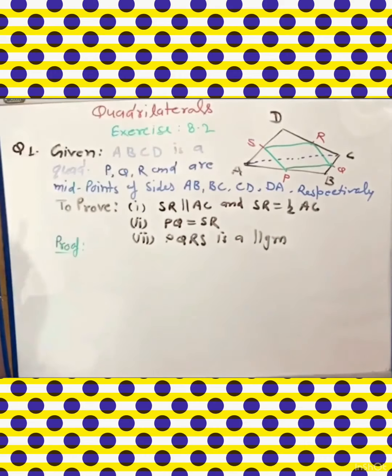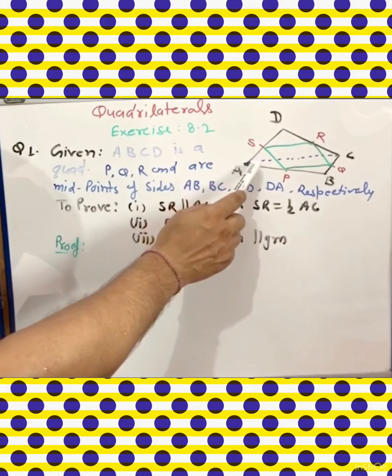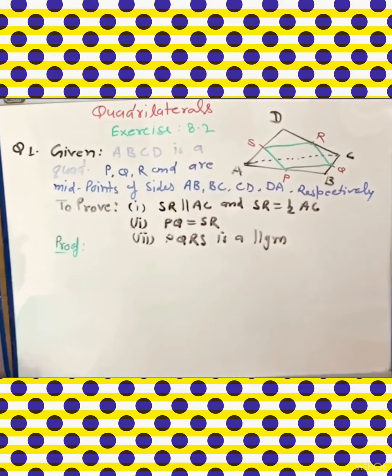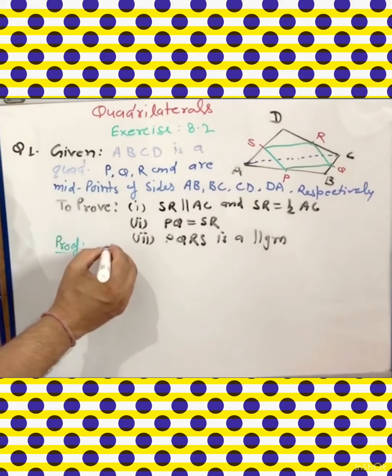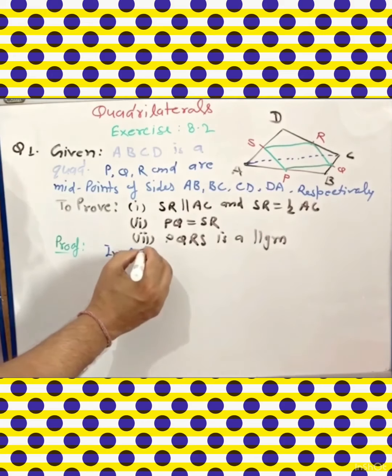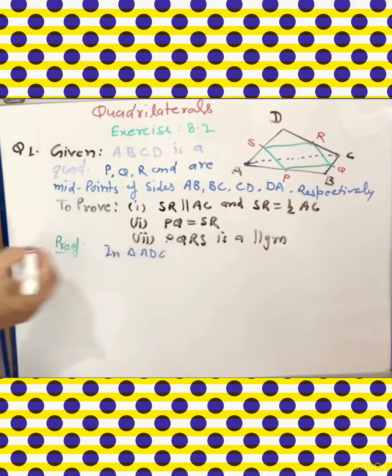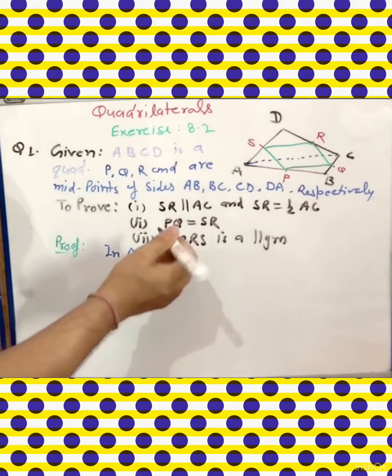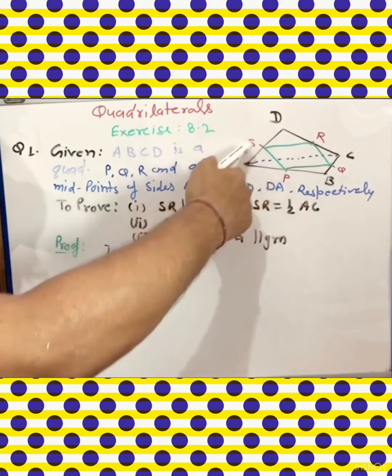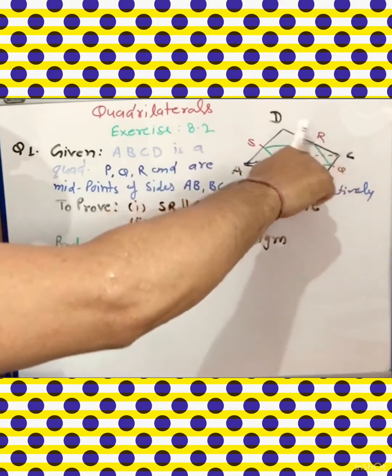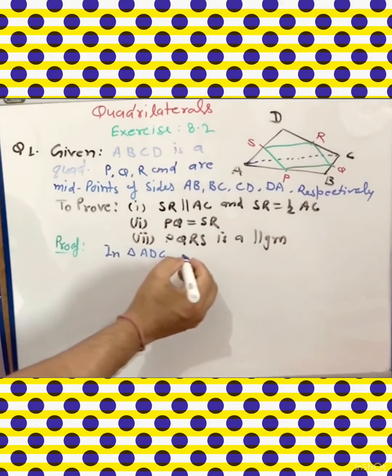So we will take triangle ADC first. In triangle ADC, here S is the midpoint of AD and R is the midpoint of CD.